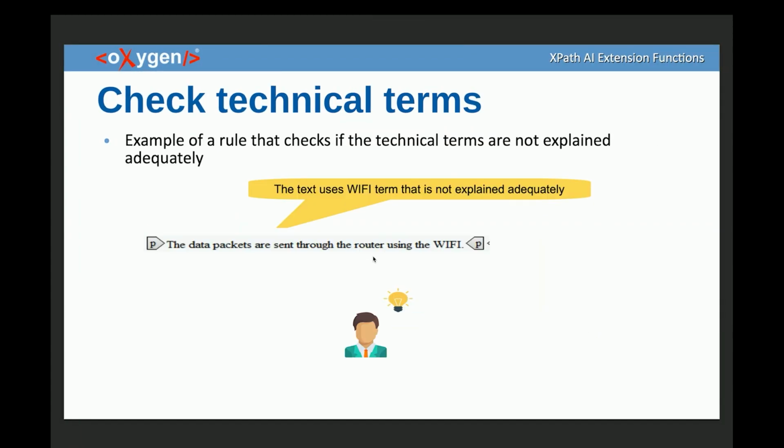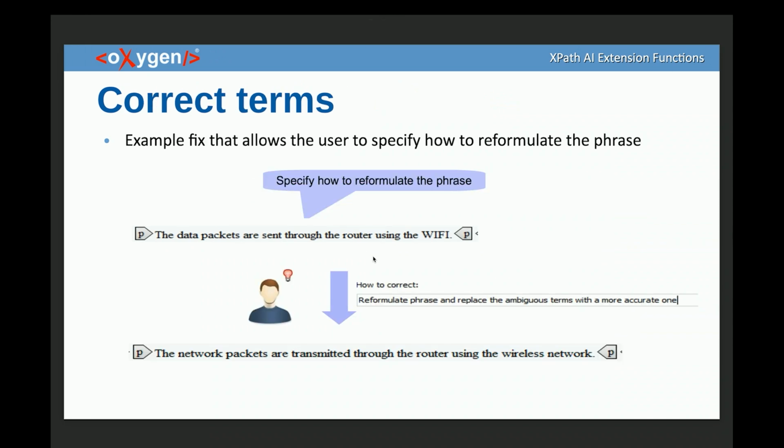Then another example would be if you have technical terms that you maybe don't want to use, and you have a verification maybe with AI, or you can verify directly that they are not used, then you can also provide the fix. But in this case, for example, I want to allow the user to also modify the prompt that is sent to the server, so I can use these user entries that will allow me to provide a default, but also allow the user to improve the prompt.